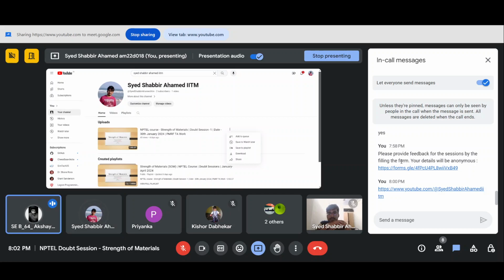So the thing is, I don't actually follow any specific book. But there is the classical book, the most famous one, Timoshenko's book.